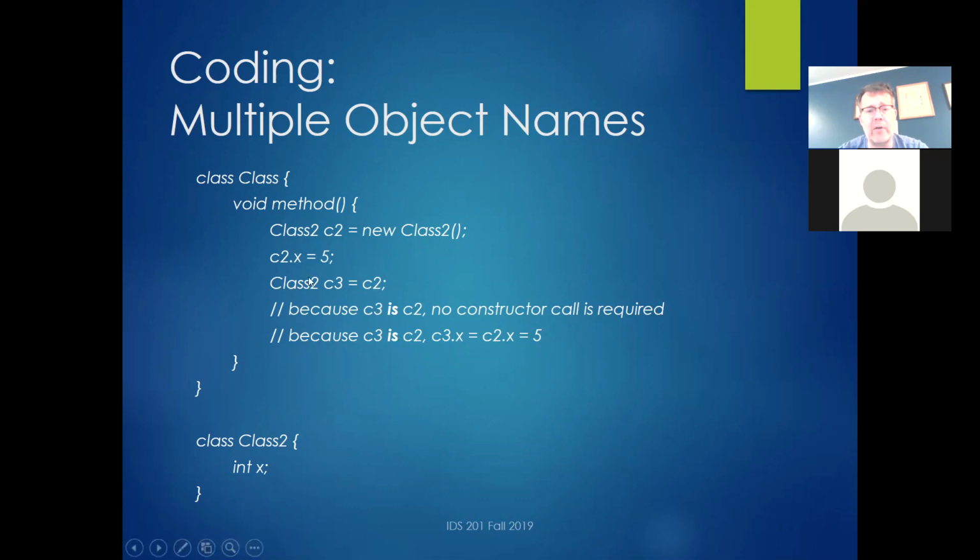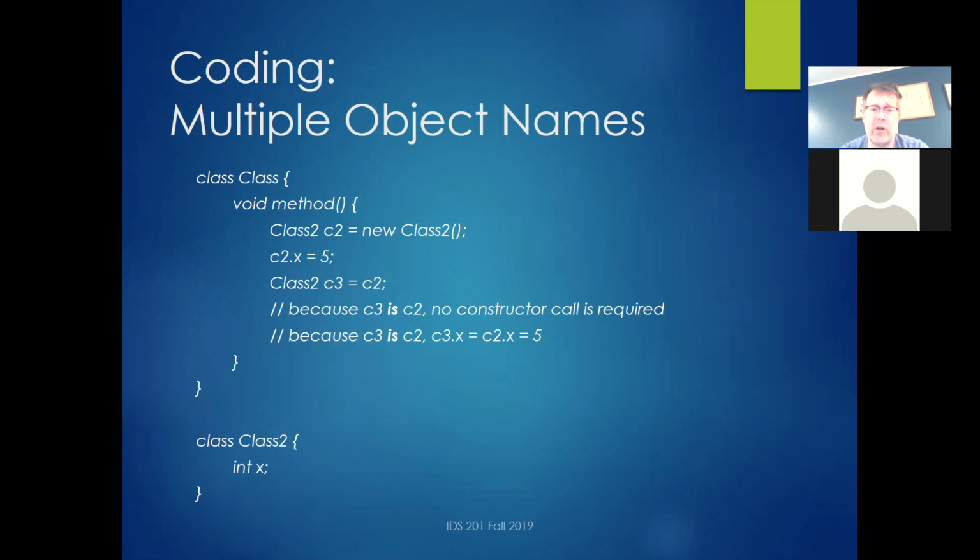If we declare another class 2 object, so here we say class 2 C3 equals C2, that means not that C3 is a copy of C2 or that C2 is equal to C3. What it means is C3 is C2. Essentially, the reference C3 points to the same part of memory as the reference for C2, and thus all of their data values are going to be the same because C3 and C2 are in fact the same thing.